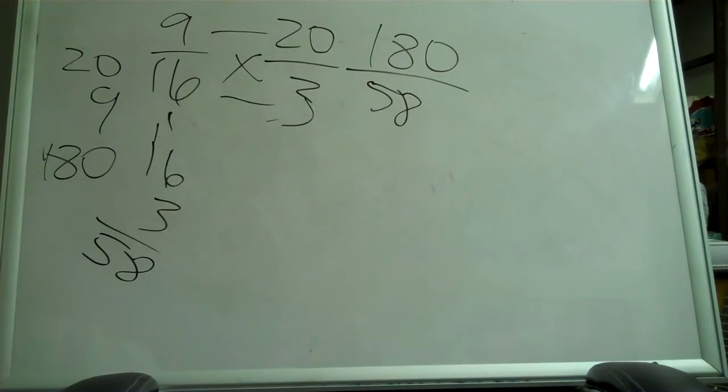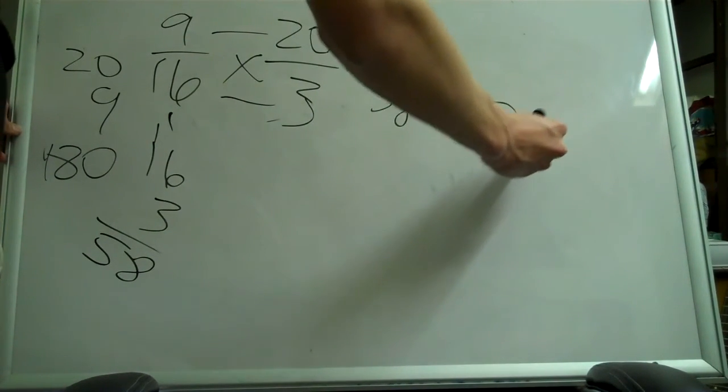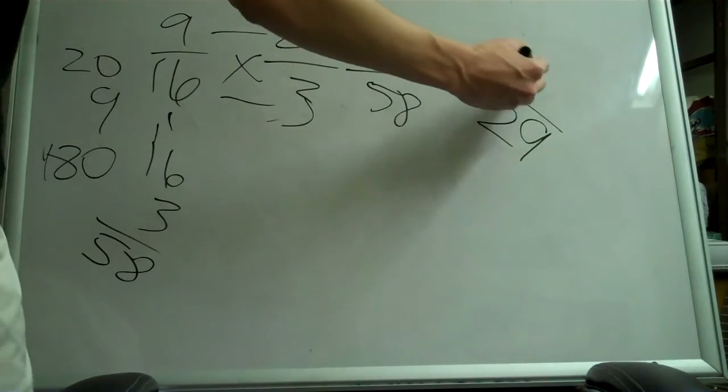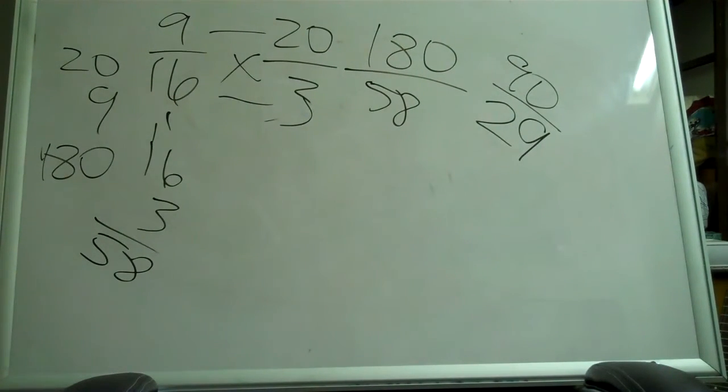Did I reduce that wrong? 58, 29. You can't divide anything into 29, it's a prime number. Crap. Let me punch this in my calculator real quick.